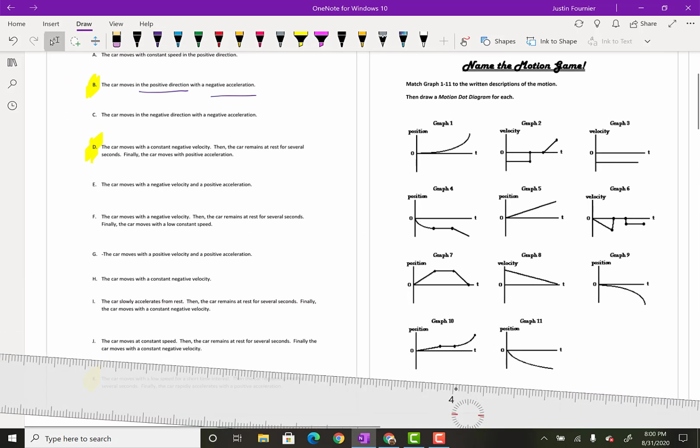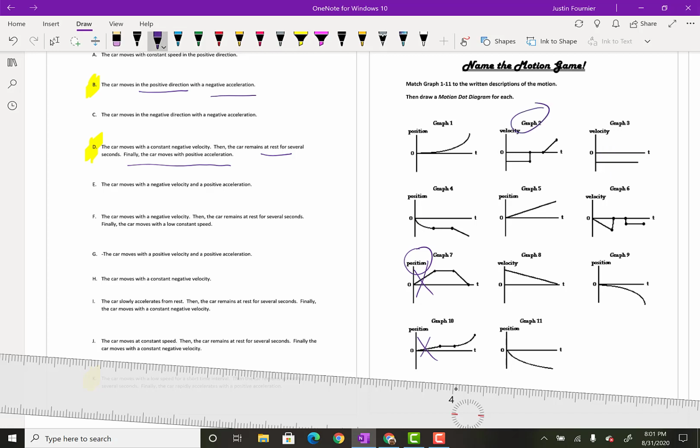All right, let's go to D. D says the car moves with a constant negative velocity. Then the car remains at rest for several seconds. And finally, the car moves with a positive acceleration. At first, it's got to have a constant negative velocity. Which one of these has that? This is a position time graph, and that's a positive velocity, so it can't be that. Here's a constant negative velocity, but it's negative the whole time.